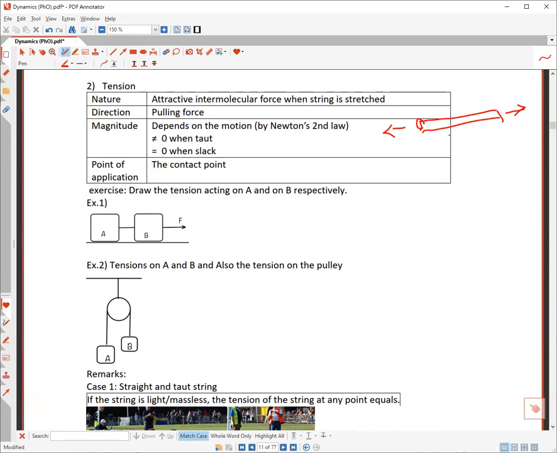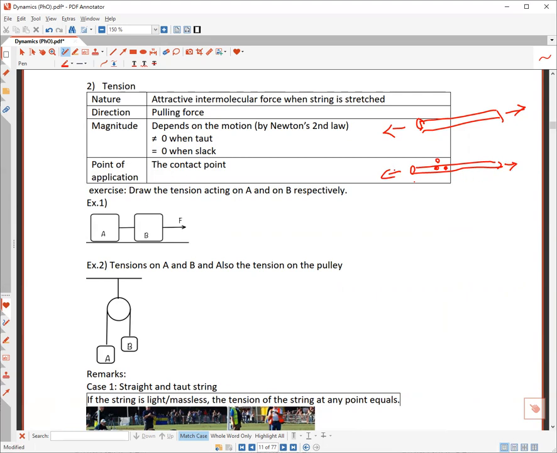The reason is that the bonding does not break down because there's an attractive intermolecular force between the molecules or the particles in the string or on the rod. This particle wants to stay with the neighboring particles, even though you apply the force on it.